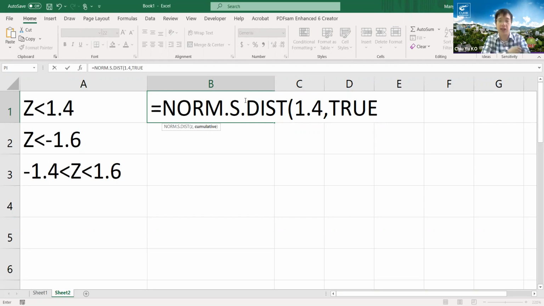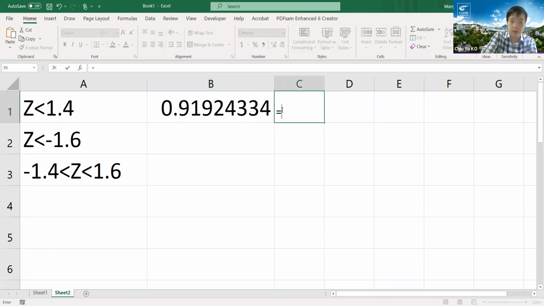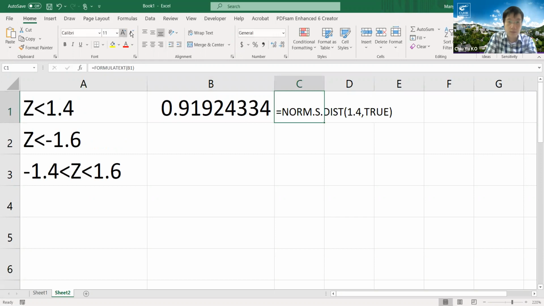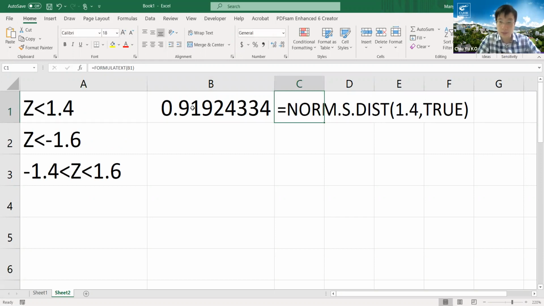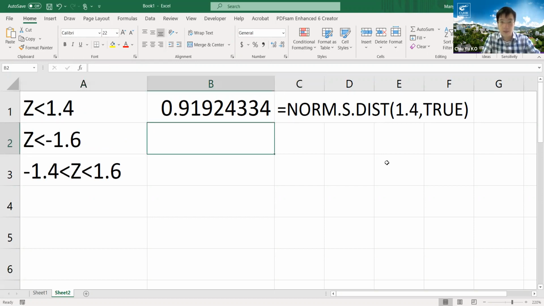For the purpose of this class it is always TRUE. Is that okay? If you use the Z table, you have to do the subtraction, but in Excel you don't need to worry about that part.